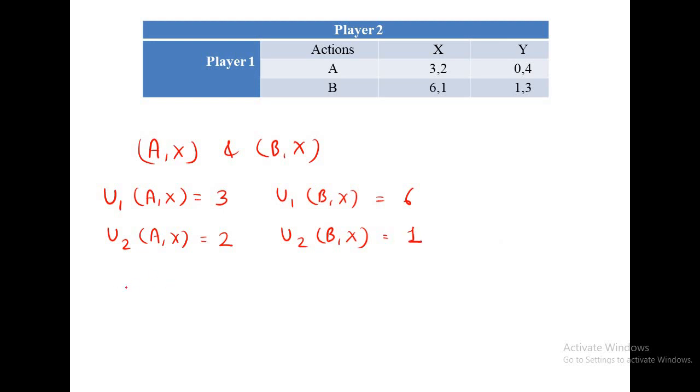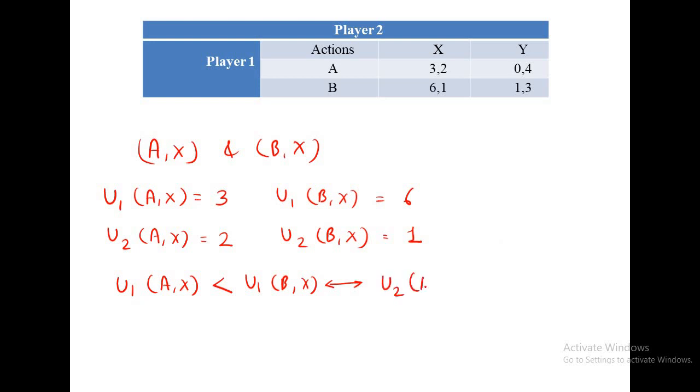Now here U1 AX is less than U1 BX. So as per the condition of a state competitive game, what condition needs to be true for player 2?